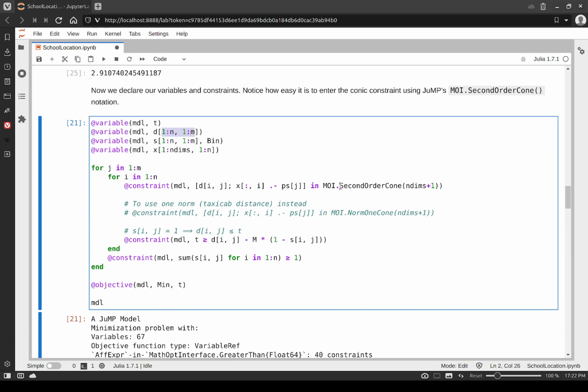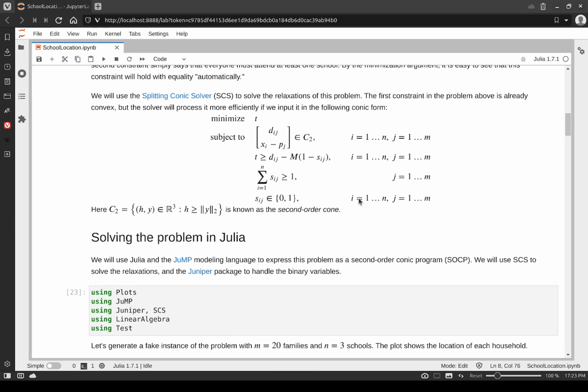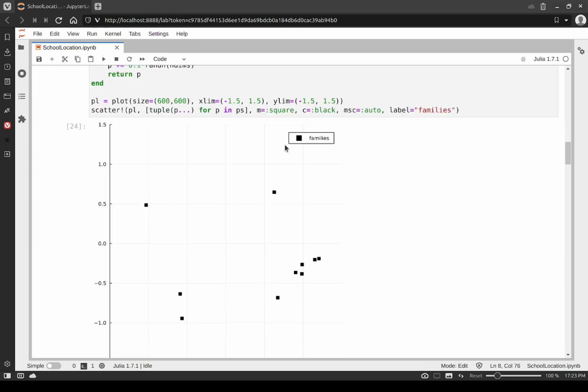The one really special feature we've used here is this conic constraint. You don't have to type the norm of this. You just say concatenate d with the vector of x, the points we're working with, and the family's coordinates, and it will automatically process this as the conic constraint that we wrote down up here.